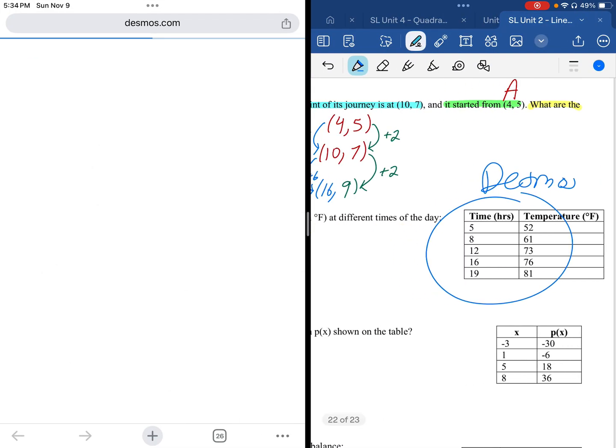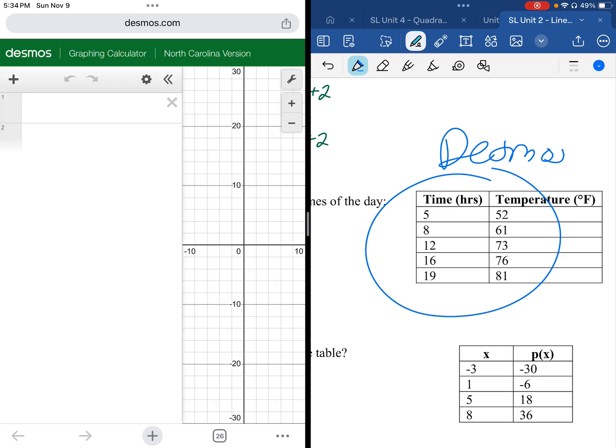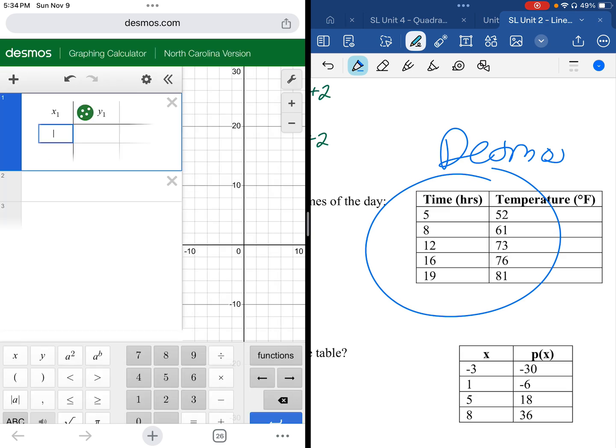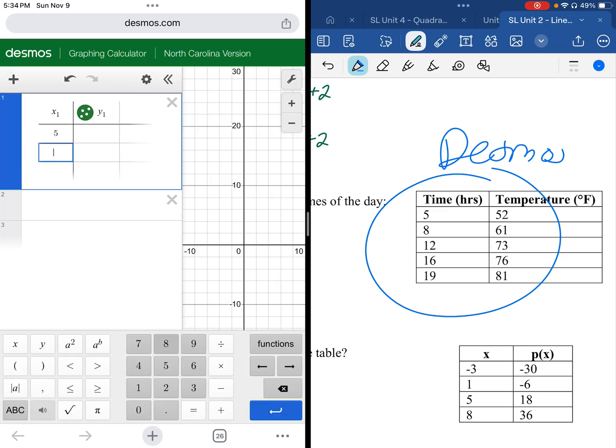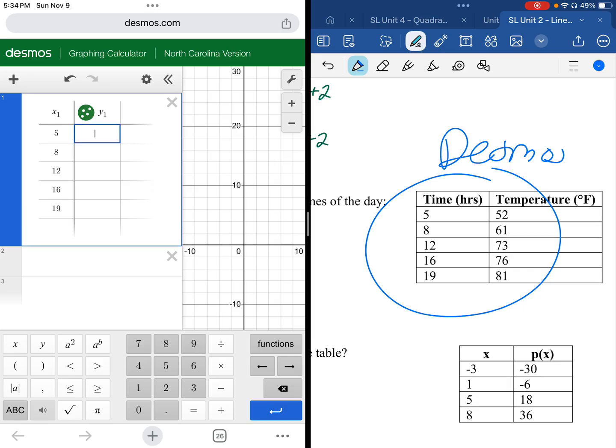So let's go over here, wait for our Desmos to load, add our table, 5, 8, 12, 16, and 19. So then we have 52, 61, 73, 76, and 81.